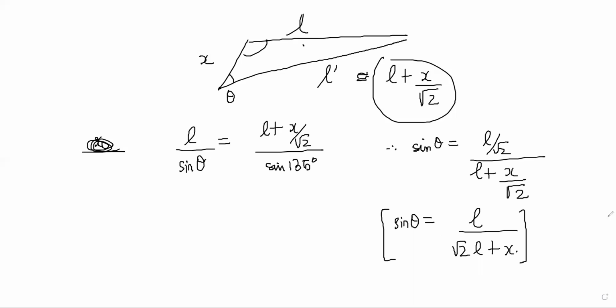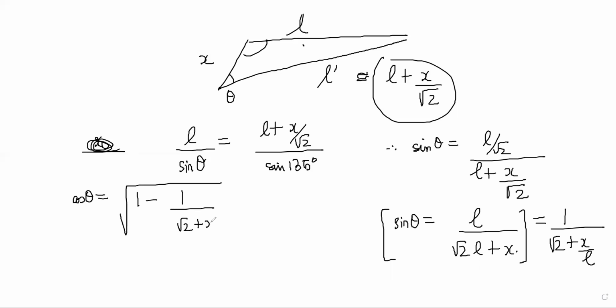So this is basically 1 by root 2 plus x by L, right? So sine theta is this. Fine, what is cos theta? It is root over 1 minus 1 by root 2 plus x by L whole square, right?